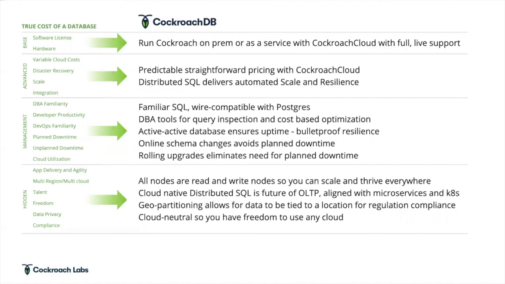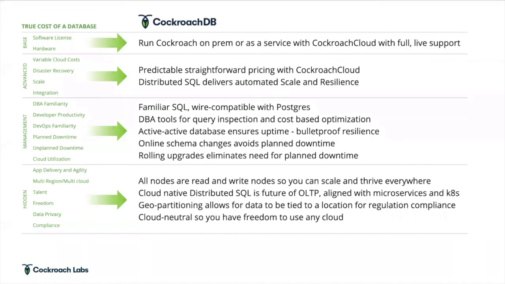So different nodes could have different versions of Cockroach running. And so you basically bring down a node, bring up another one on the new version. You bring down the next node, bring it up on the new version. So you can actually upgrade the entire database online. So not only doing schema changes so the application can change, but also upgrading the database itself without any downtime. So this whole planned downtime thing goes away.